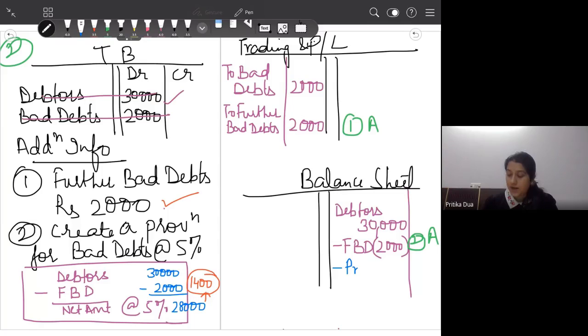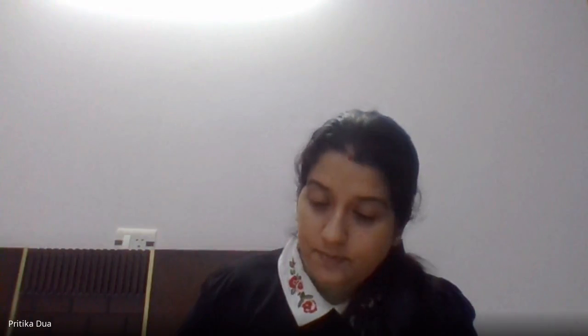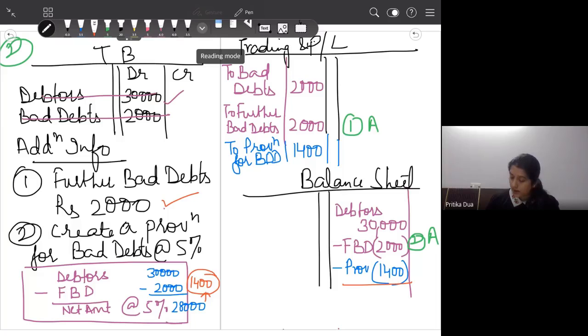Amount has already been calculated as 1,400 and provision being an expense for the business will appear on the debit side as rupees 1,400 है। ओके, तो अब आपके पास जो नेट अमाउंट आएगी डेटर्स की दैट विल बी 26,600। This final amount comes in the balance sheet and your provision is coming as 1,400 in the P&L account on the debit side.